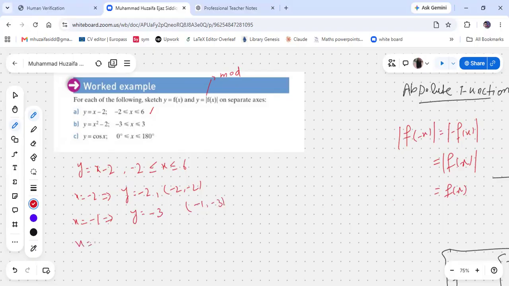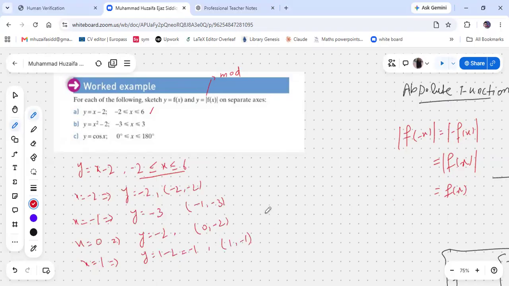When we put x is equal to 0, y is equal to minus 2, so our ordered pair is 0 and minus 2. And when we put x is equal to 1, y is equal to 1 minus 2, which is minus 1. So our ordered pair is 1 and minus 1.